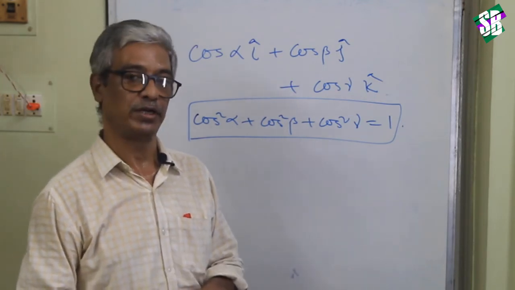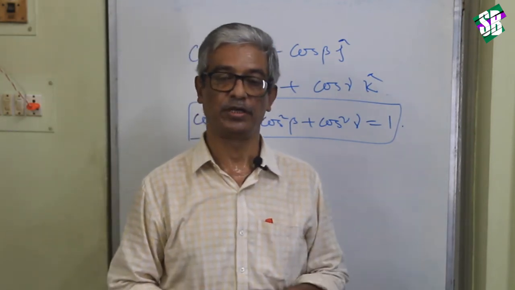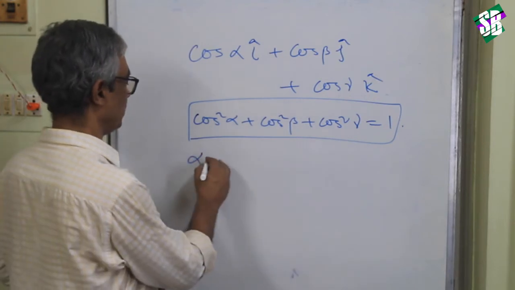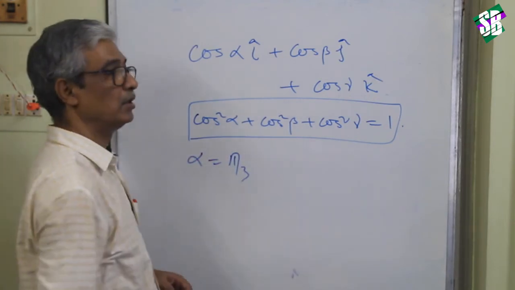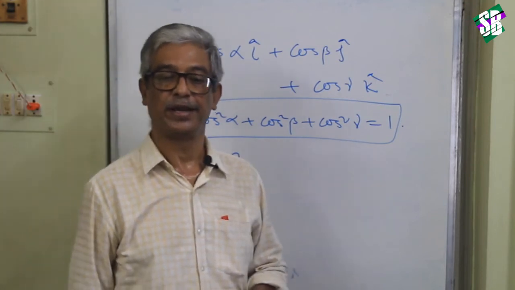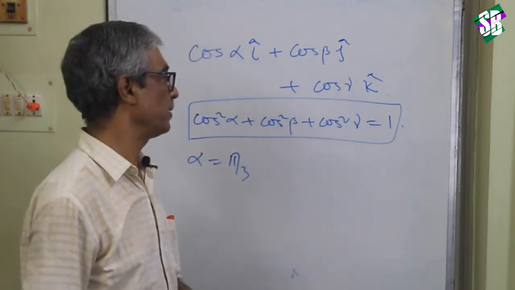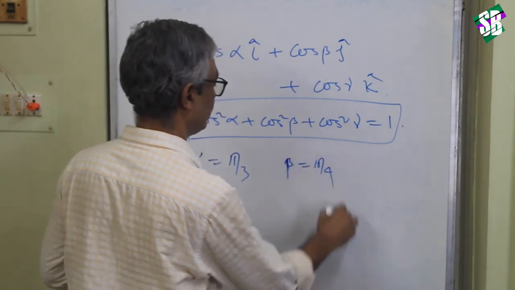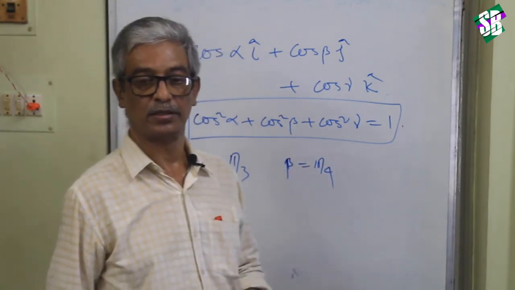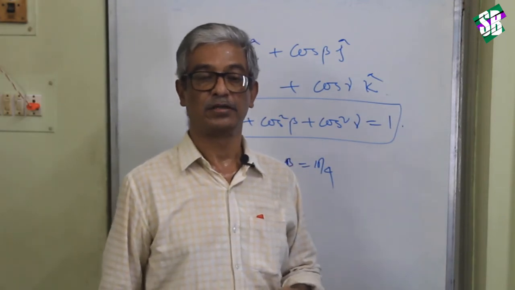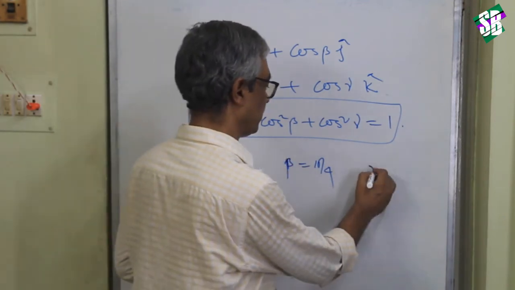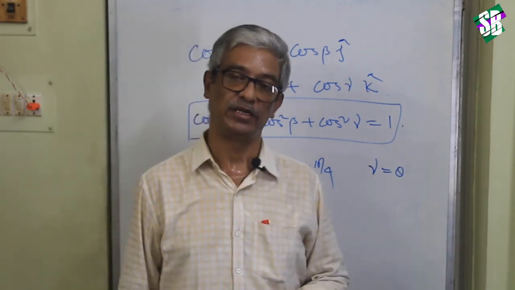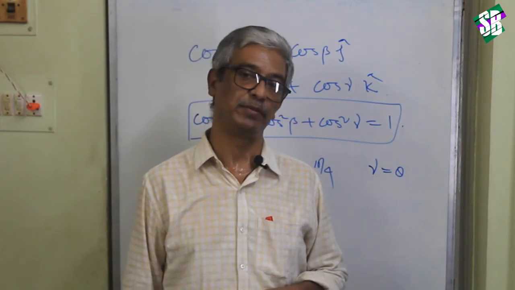Here a unit vector makes an angle pi by 3, so alpha is pi by 3, with i cap and pi by 4 with j cap, meaning beta equals pi by 4, and gamma equals theta with k cap, where theta lies between 0 and pi.